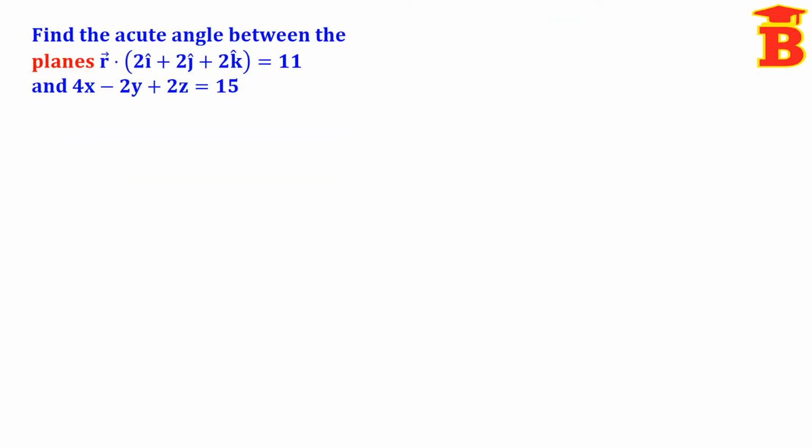Next problem, find the acute angle between the planes. Here two planes are given. We have to take the vectors in the planes, n1 vector and n2 vector. From the first plane, the vector n1 is 2i plus 2j plus 2k.